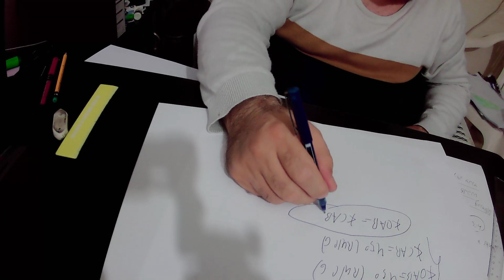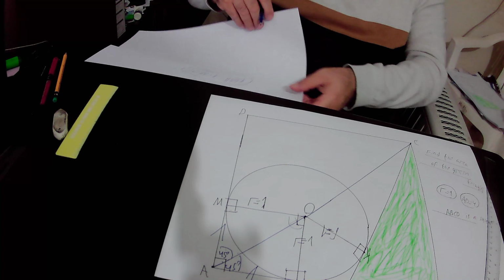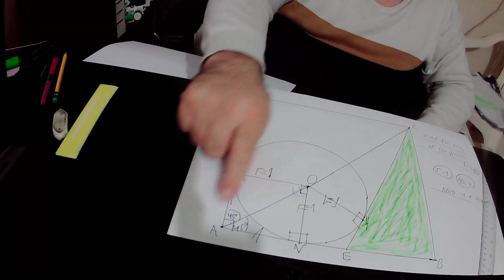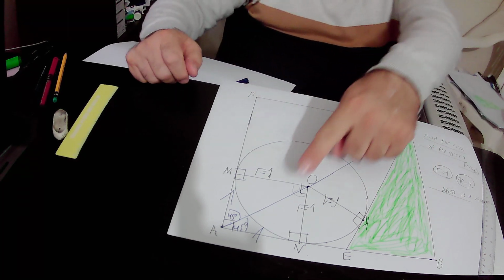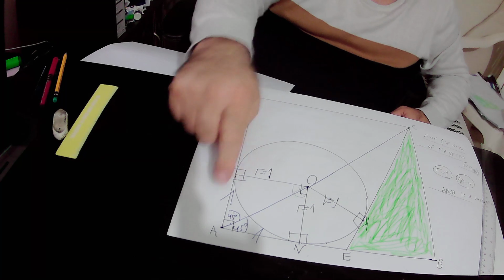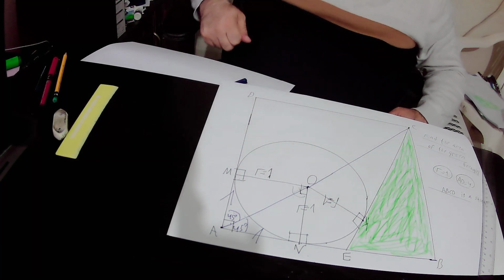And both angles are equal to 45 degrees. You can see from the drawing that angle OAB equals 45 degrees, and also angle CAB is equal to 45 degrees.